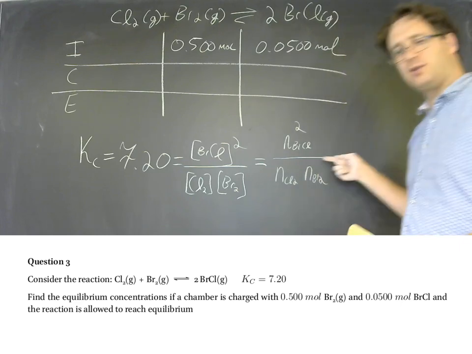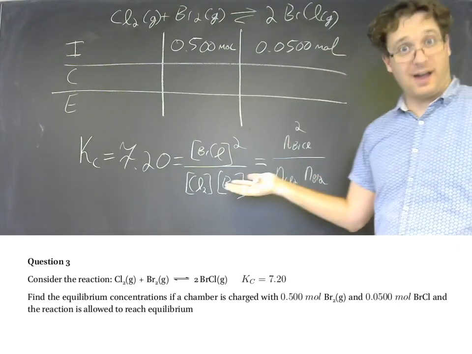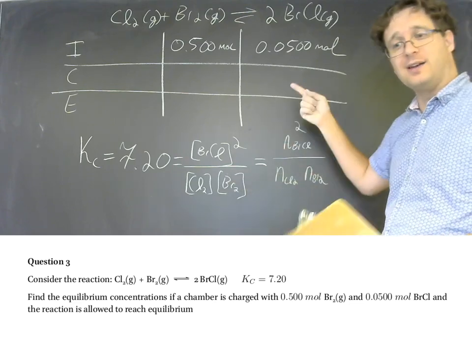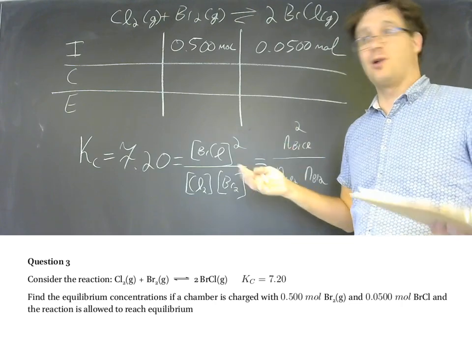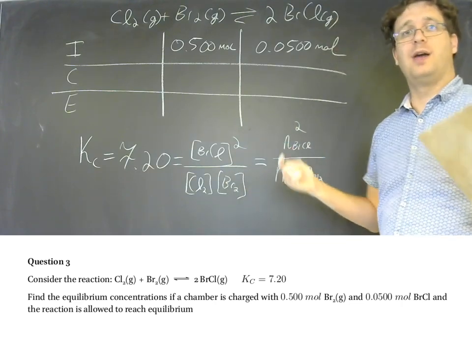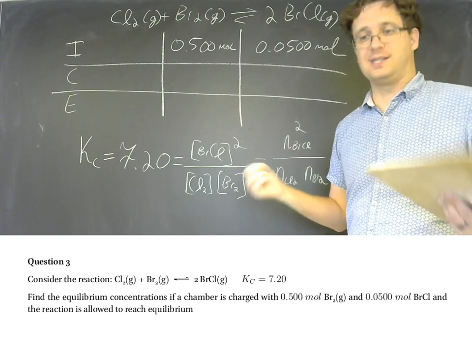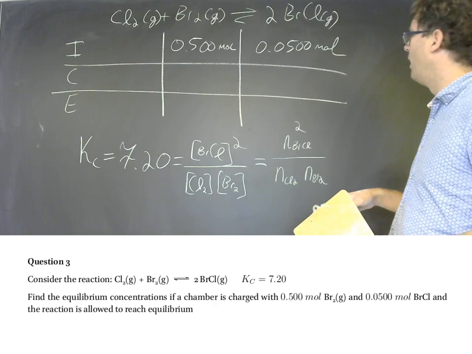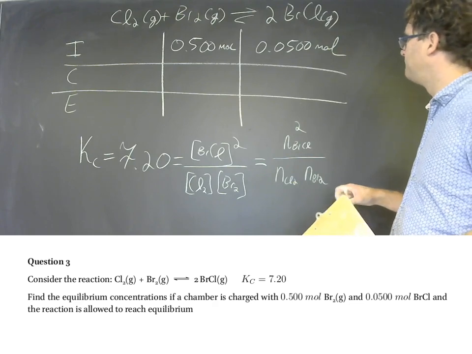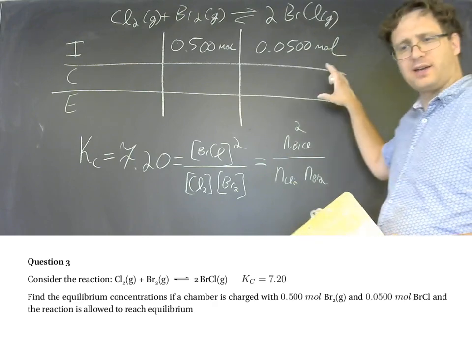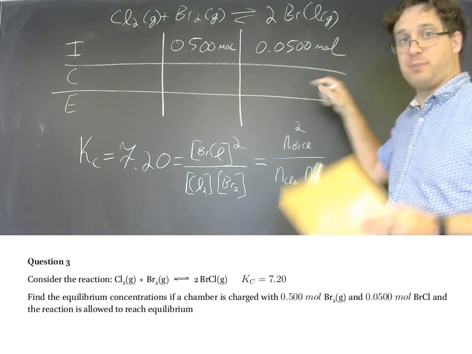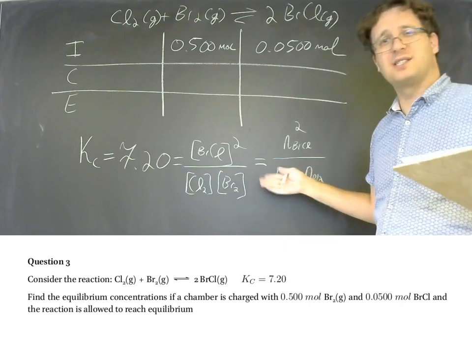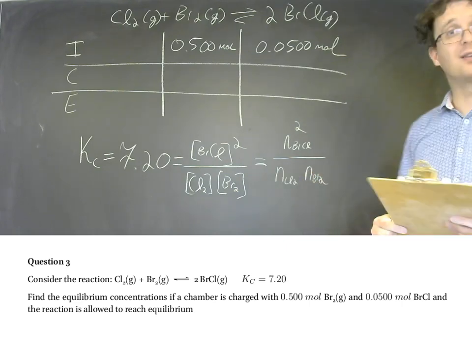So you can do this trick for Kp values and for Kc values when delta n is equal to 0. Those incidentally are also the cases where Kp equals Kc. And so this trick wouldn't work for everything, and I could go back and rewrite this quiz and fix it, but because it actually is possible to solve for the number of moles, that makes this maybe an interesting question, and I'm going to leave it.